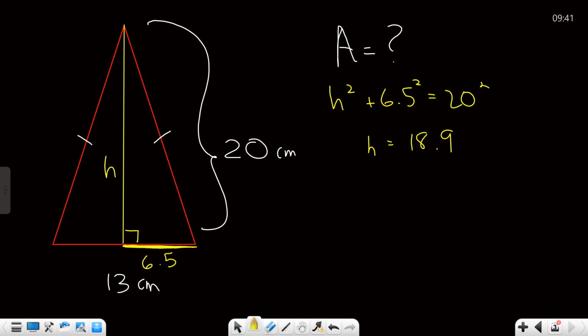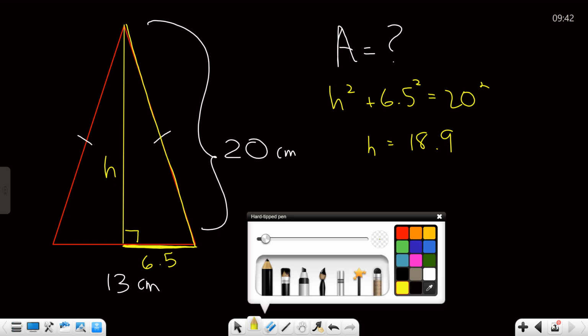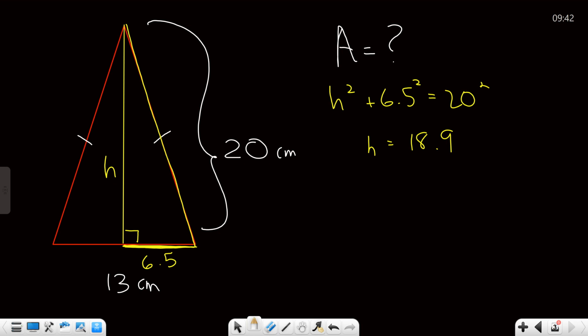Now, moving forward, calculating the area of the red triangle, you could do it two ways. You could find the area of the yellow triangle and multiply it by 2, or find the area of the red triangle that we're looking for, which would be 1/2 times the base times the height of 18.9.